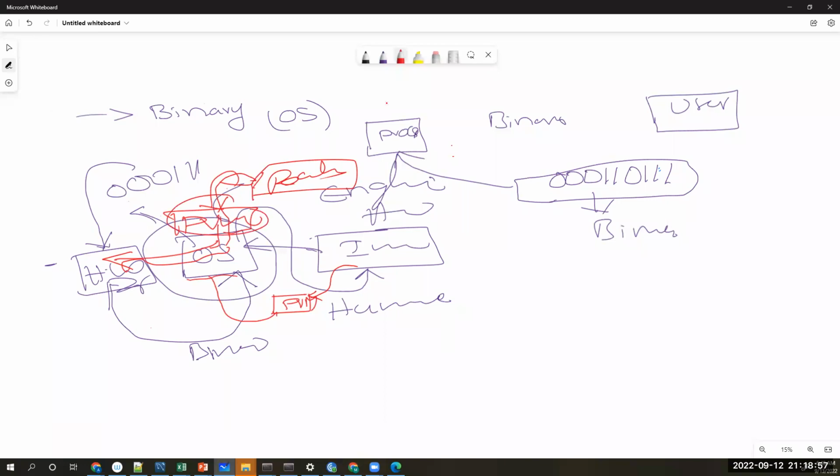Is Python platform dependent or independent? Platform independent. Why are we calling this independent?